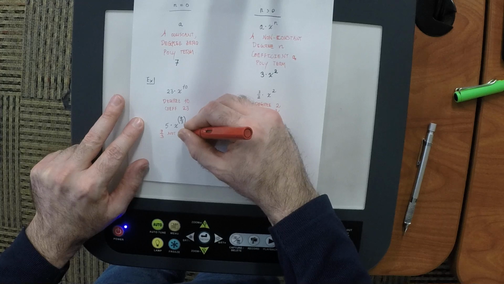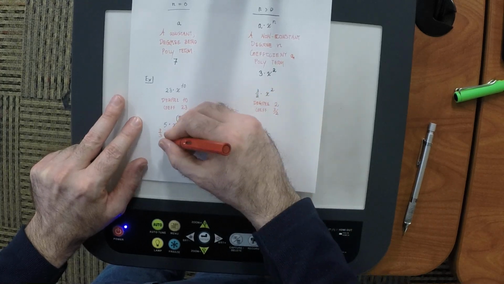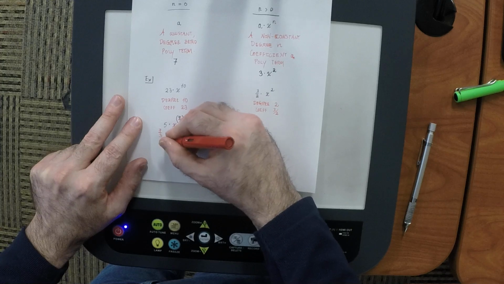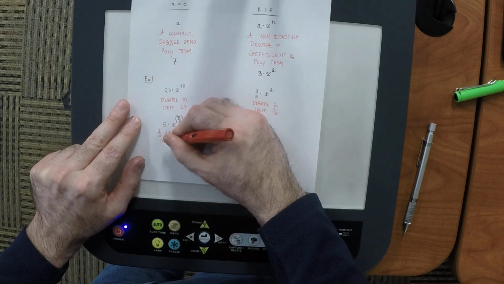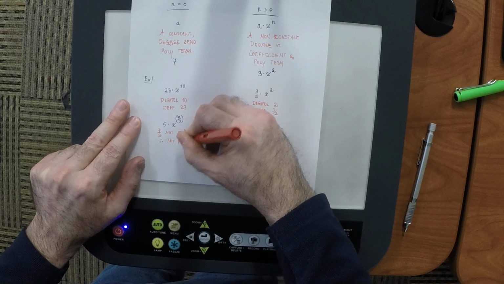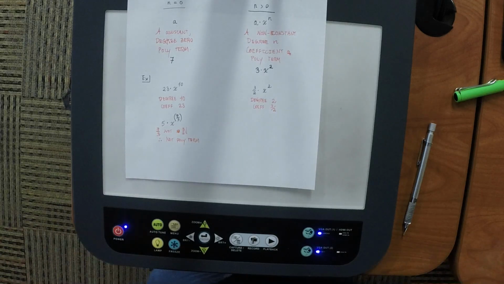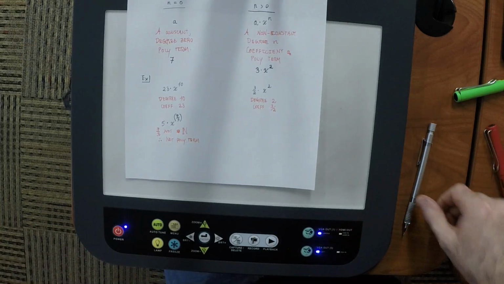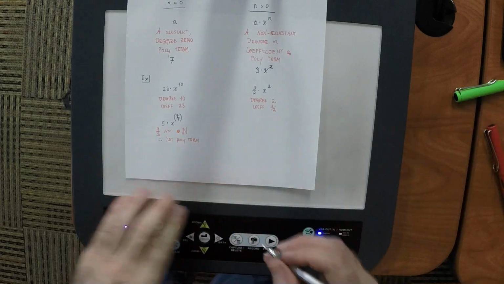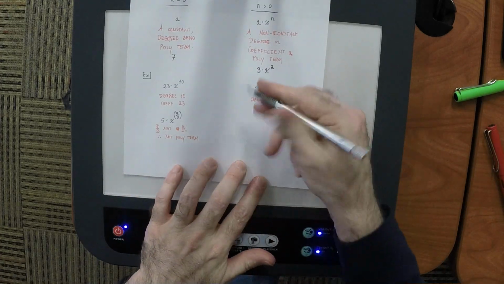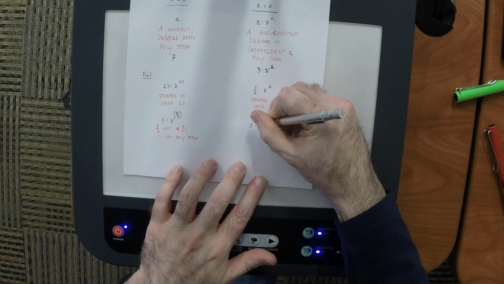Therefore, not a polynomial term. Okay. What about this one, another 5. So 5 square root of x.